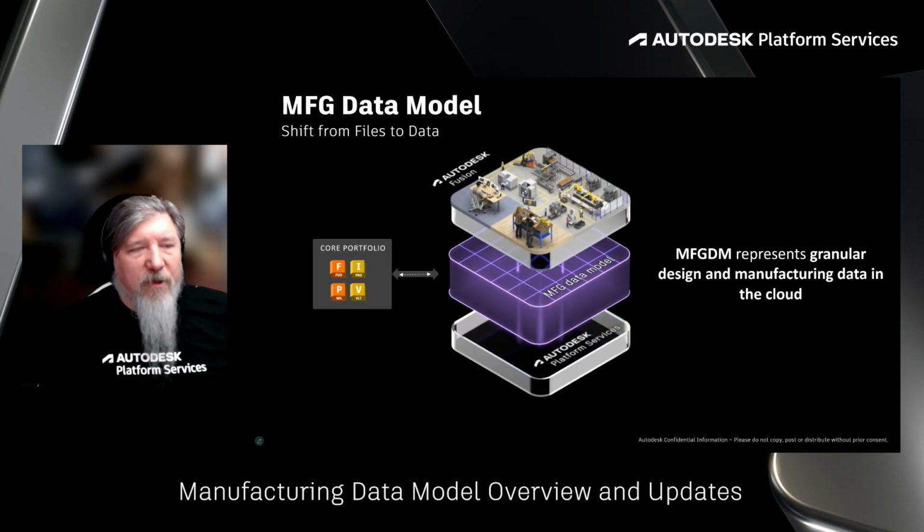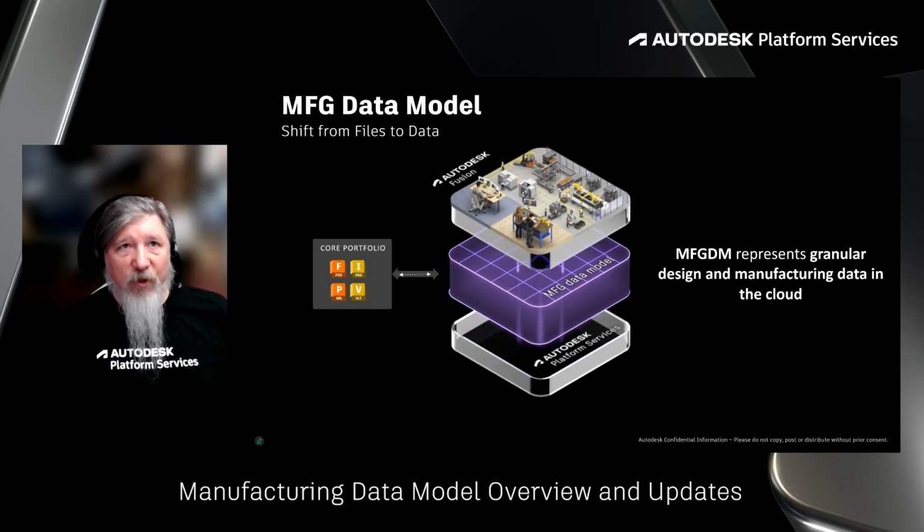So to look more specifically at the manufacturing data model, again, the idea here is to shift from files to data. And Fusion, as a leader in this concept, has already brought that idea to our customers. As you know, with Fusion, you're automatically working on a cloud instance of your design. And so it's a very natural behavior for our customers used to that workflow already.